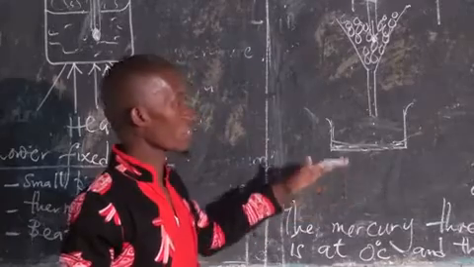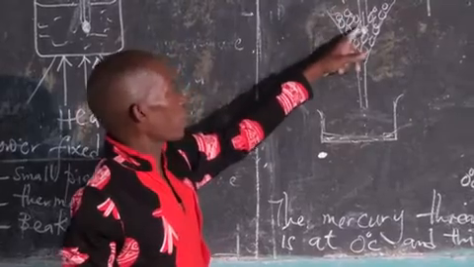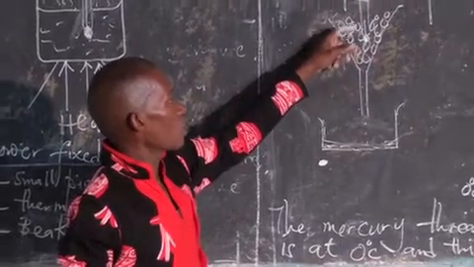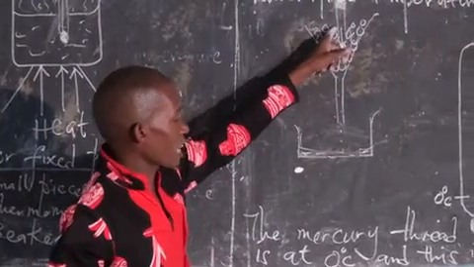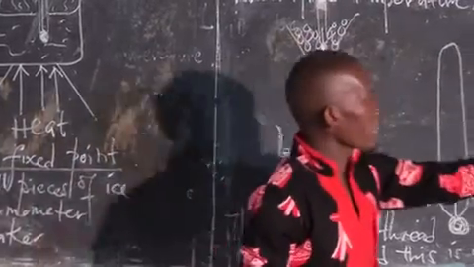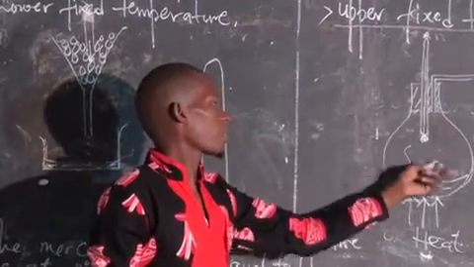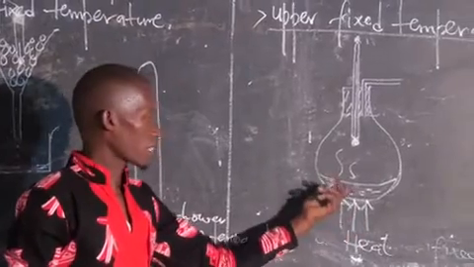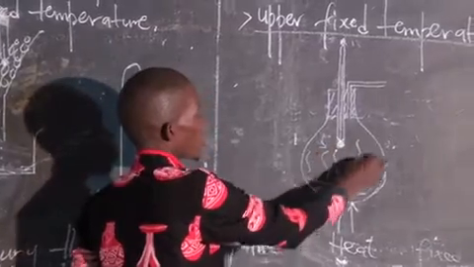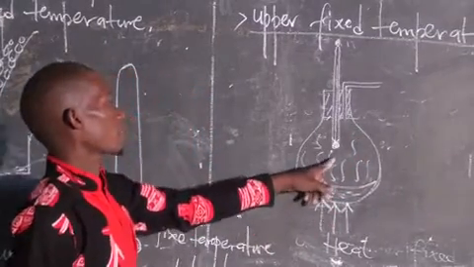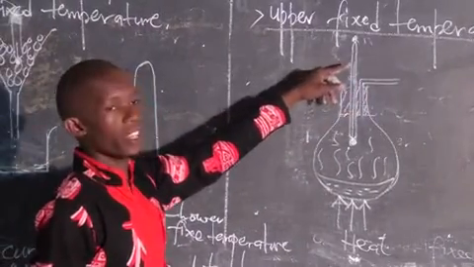Now what we do after here, we transfer this thermometer from the small pieces of ice when it is at 0 degrees Celsius, and we insert it into a laboratory flask, and we start boiling. What happens when we start boiling? The water is going to boil and produce steam. The temperature here is going to increase. You observe the mercury thread there.